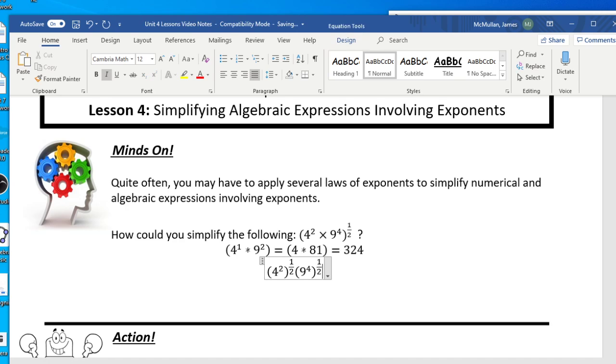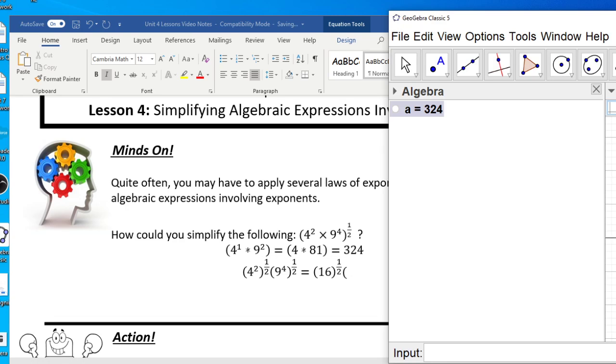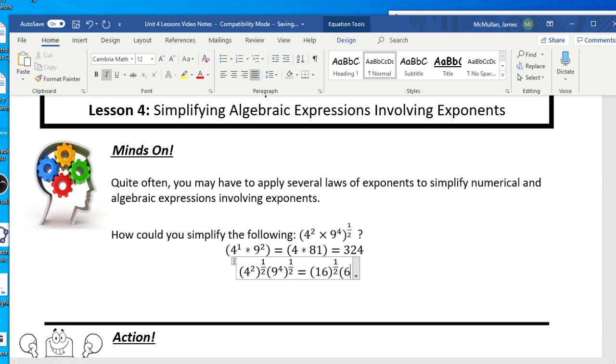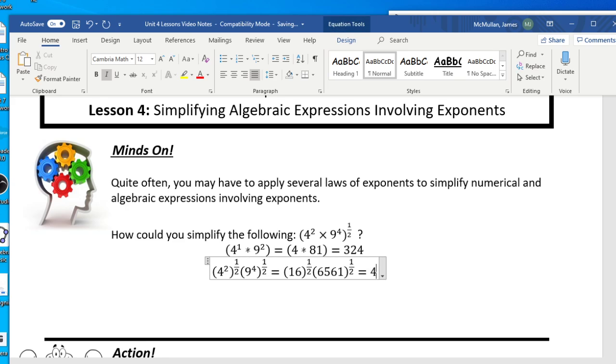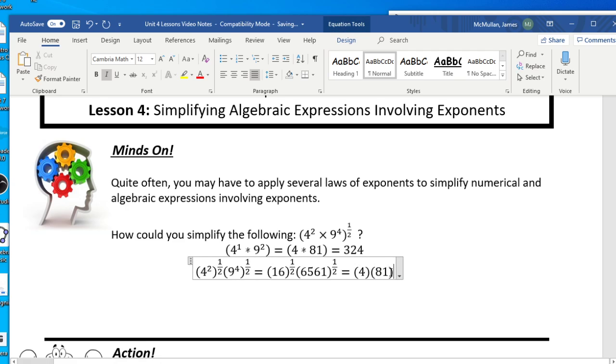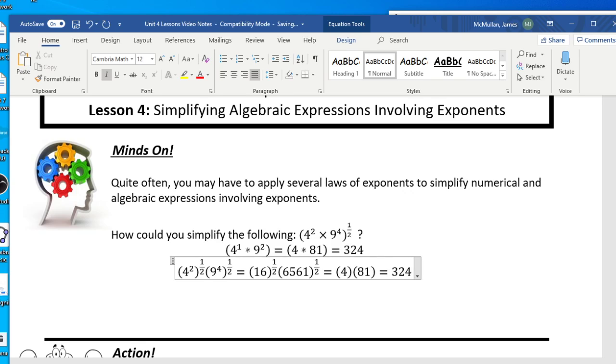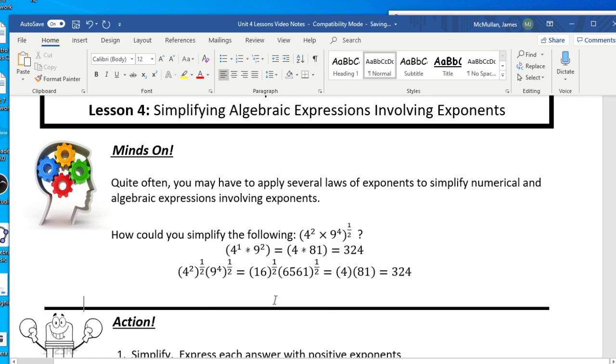Well, according to this equation, I'm doing 16 to the power of 1/2 times, I don't know what 9 to the 4 is, 6561. Now I'm going to take the square root of 16, which is 4, and the square root of 6561 is 81. And once again, it multiplies to 324. So I know there are other ways of breaking this up or simplifying it, and I can check if the answer is right.